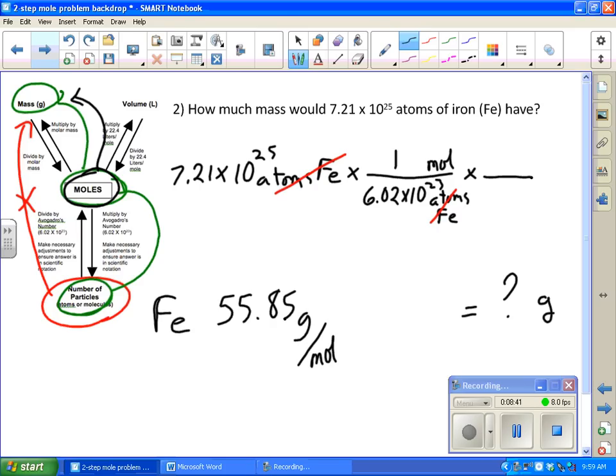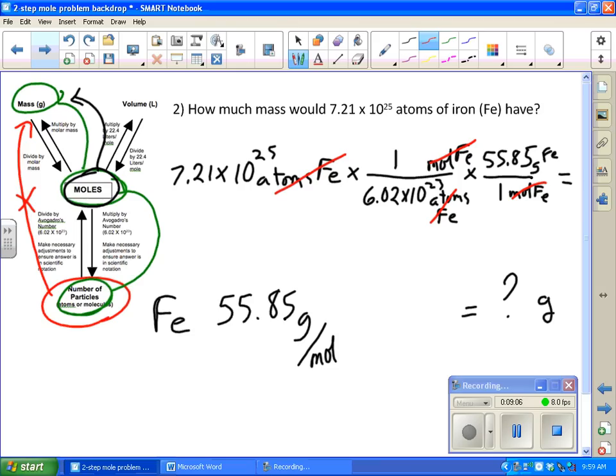So for every 1 mole, we'll have a mass of 55.85 grams. So let's put mole of Fe here and grams of Fe. Now, once again, we see that moles of iron will cancel out.